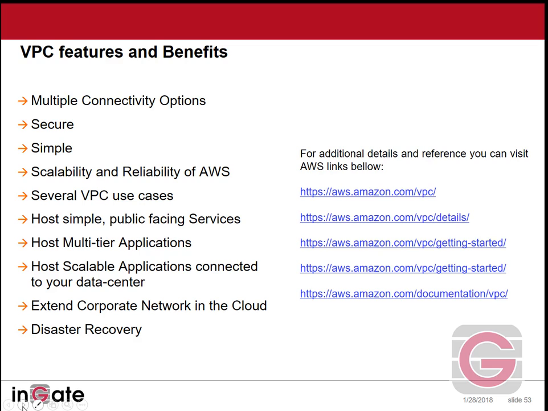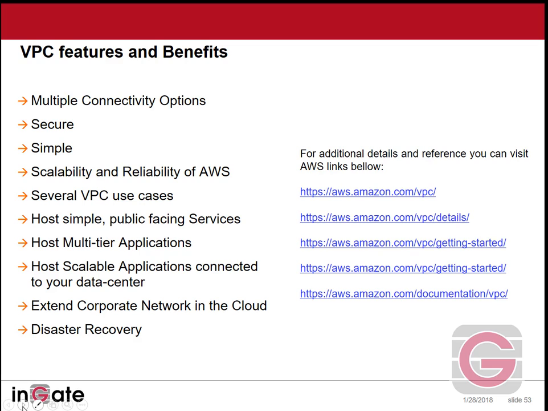You have several options to control security. You can have all these connections made in a secure manner. It's simple to understand, it's scalable, and you have the reliability of AWS.